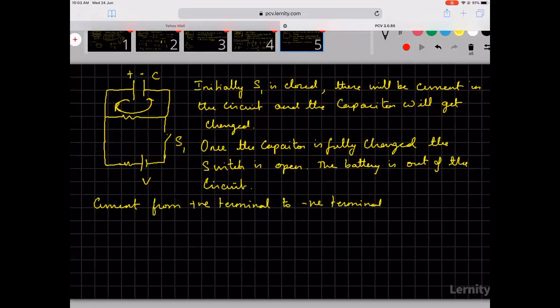Can you please reach till this particular point? Once you reach here, we have a circuit. So apply Kirchhoff's law in that circuit.